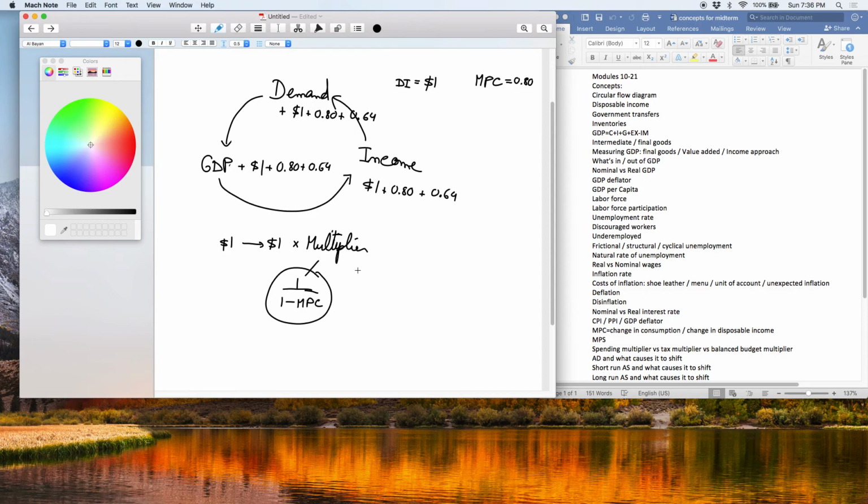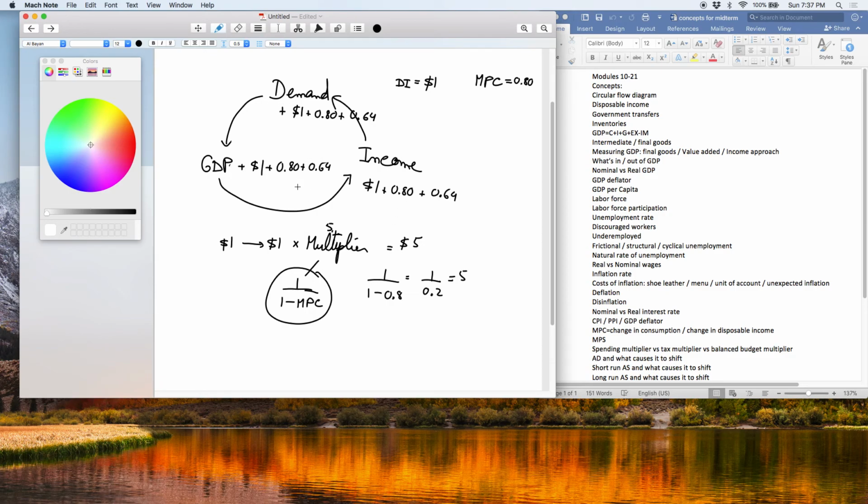So if the MPC is 0.8, the multiplier would be 1 over 1 minus 0.8, which is 1 over 0.2, which is 5. And that means that if you spend an additional dollar, the economy will grow. Total demand will grow by $1 times 5, which is $5. Okay, that's basically the idea of the multiplier.